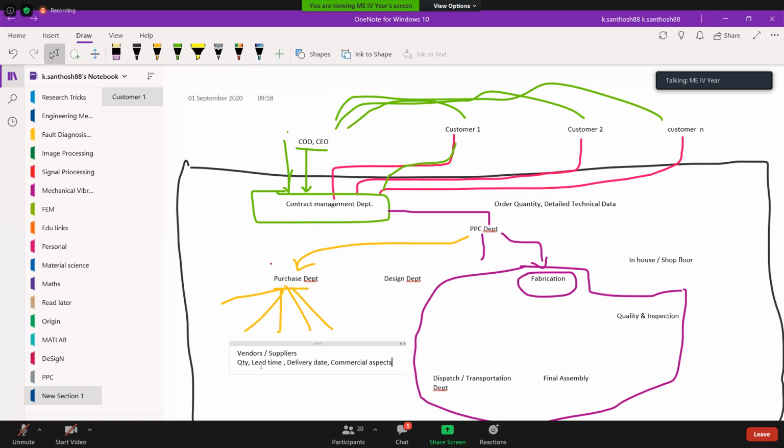Commercial aspect means warranty, all those things, and if something goes wrong in between, the insurance part. Everything they will mention in the purchase order.